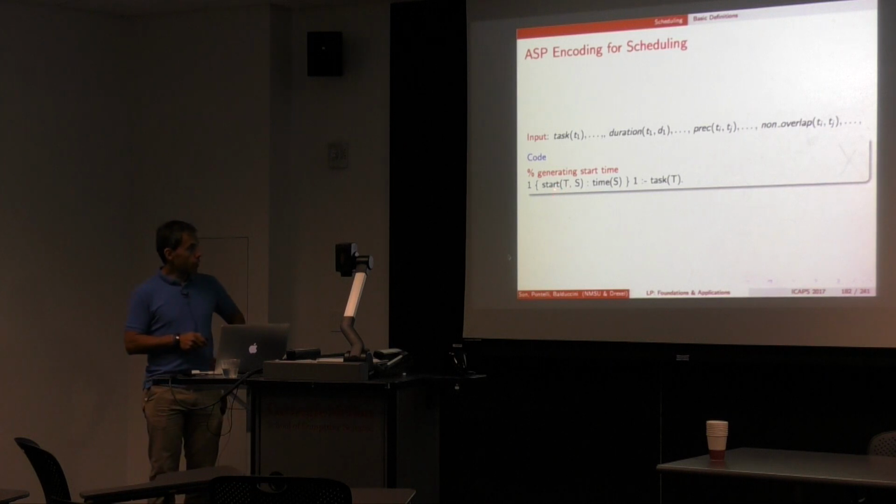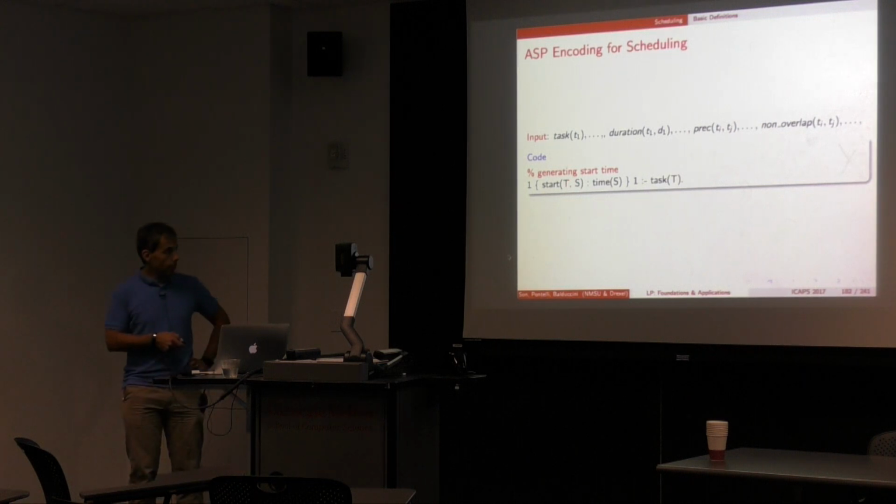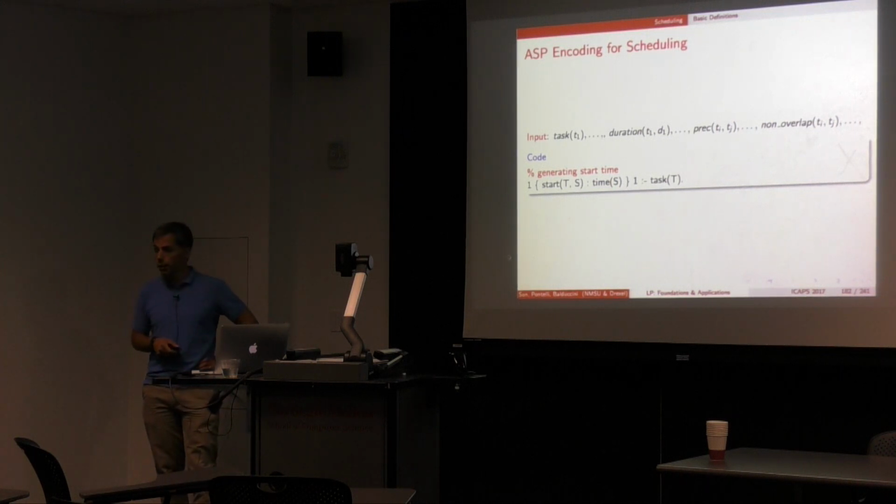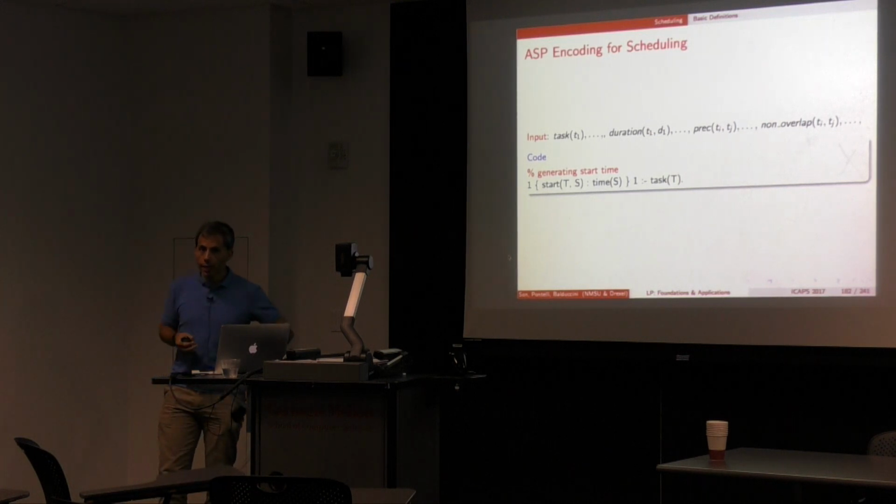So the goal is to assign a start time S to every task T. Okay, and the reading of the rule is for every task T, there must be exactly one start time assigned to task T, where the start time is some value out of the range of the domain of relation time, where we assume that relation time is established beforehand, and it provides the range of time steps that are available.